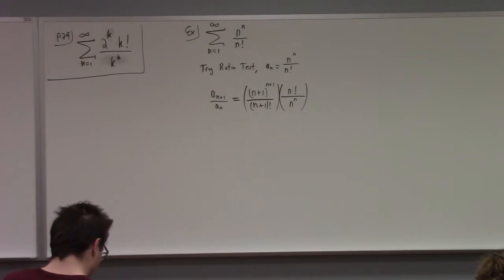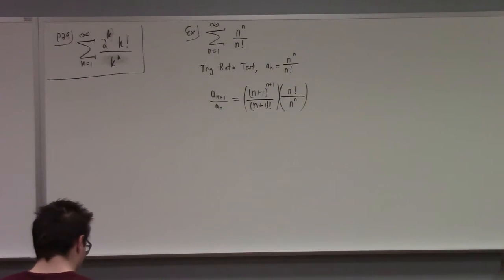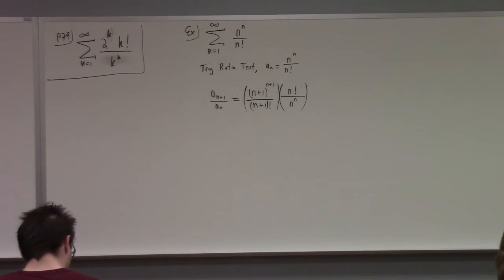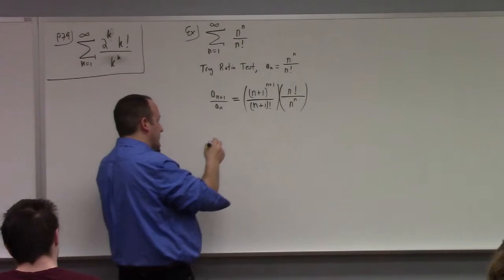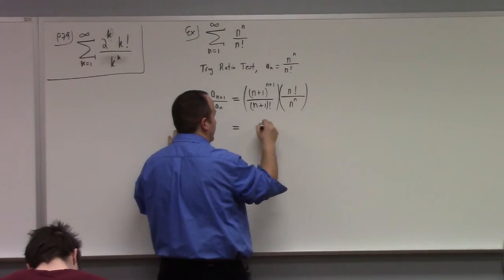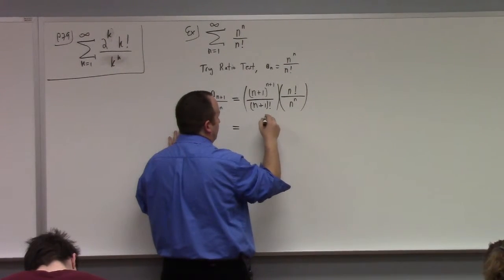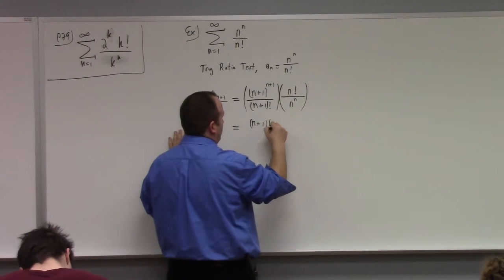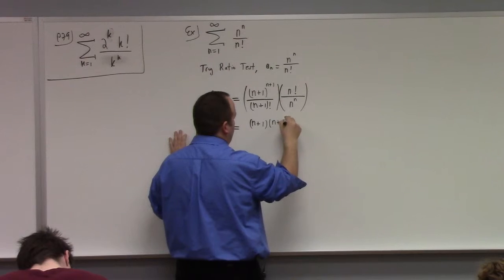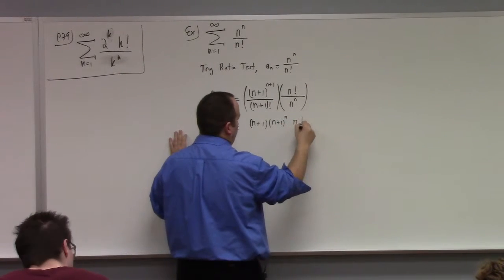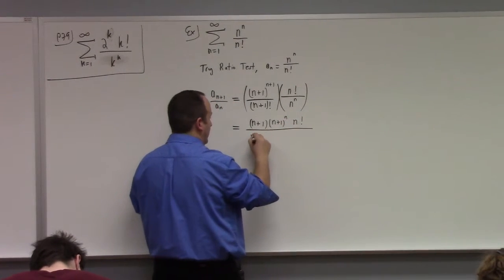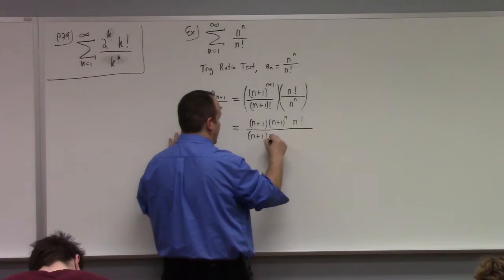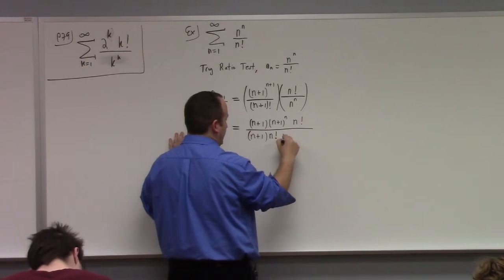So this is a standard trick, multiply by the reciprocal, right? That's division. And then I need to do some algebra here, and so it's not too bad, actually. This is n plus 1 to the n plus 1 times n factorial divided by n plus 1 times n factorial times n to the n.